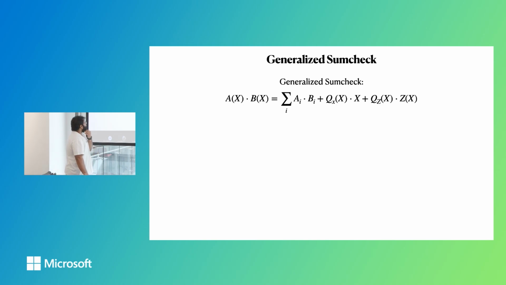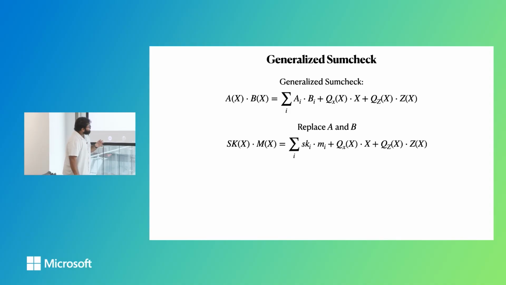And the idea is that if you have polynomials a(x), b(x), there exist polynomials q(x) and q_z such that this equation is satisfied. Now the goal is to somehow come up with a verification equation for the verifiers on the aggregated signature. So that's what I'm trying to build up.